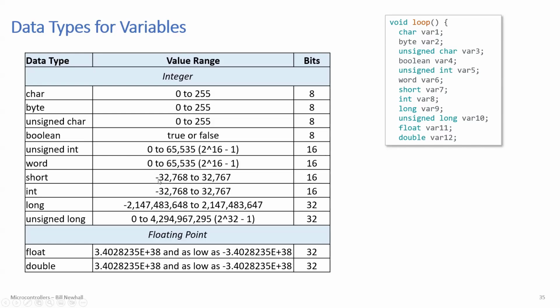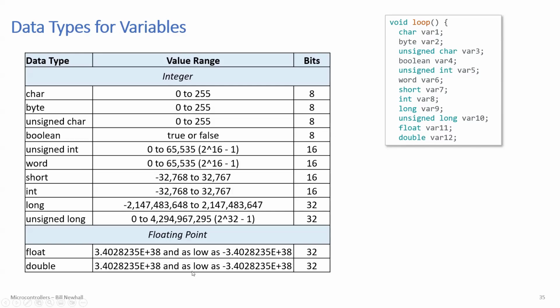A short integer is a signed value, minus 32,768 to 32,767. Integer is the same thing. So short and an int in Arduino, in the one we're using, is the same. Here's a long integer. That's actually 32 bits, so you can store big values. This is unsigned long. Same number of bits, but no negative values.